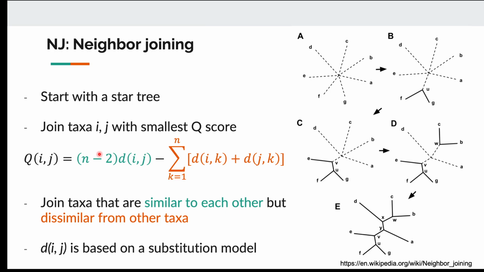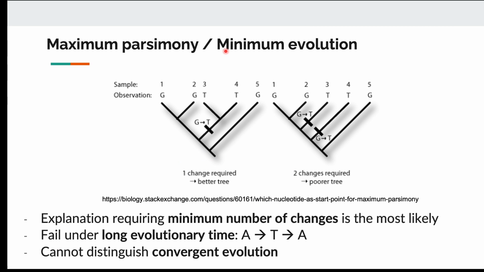Okay. Another technique for grouping DNA sequences together, grouping genomes together, is called maximum parsimony or the minimum evolution model. And this is a kind of Occam's razor principle. So Occam's razor idea is that if you have two possibilities, one is simple, one is very complicated, we prefer the simple one.